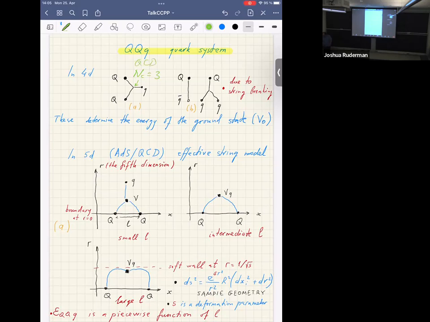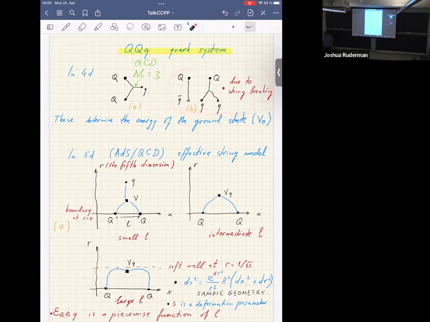So only 3 strings meet together at the string junction, and that's the string picture of a baryon. It's known from the 60s of the last century. And another disconnected configuration looks like this one.